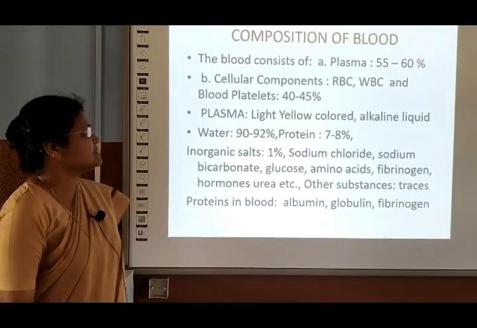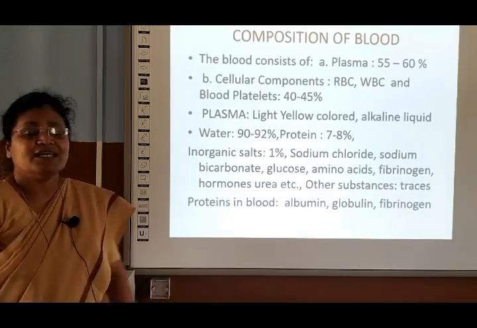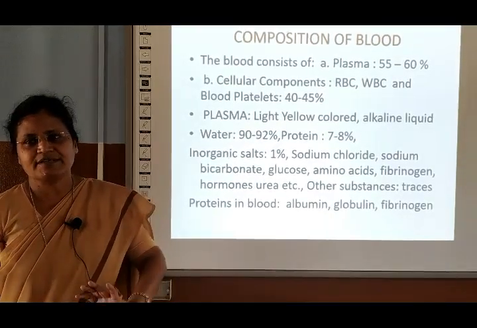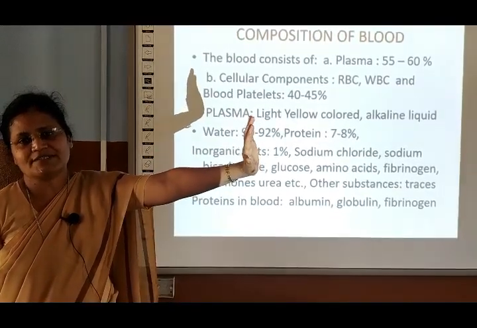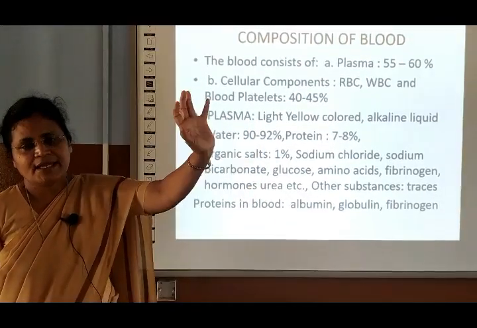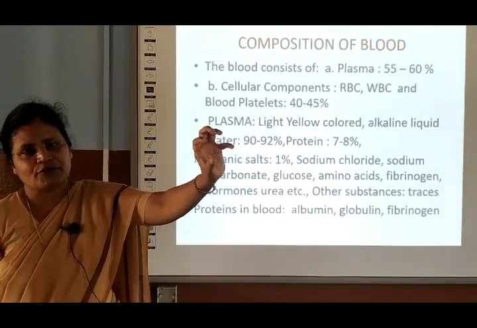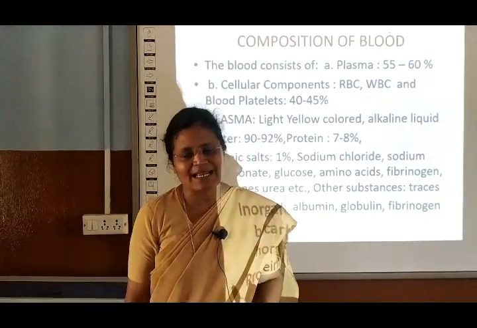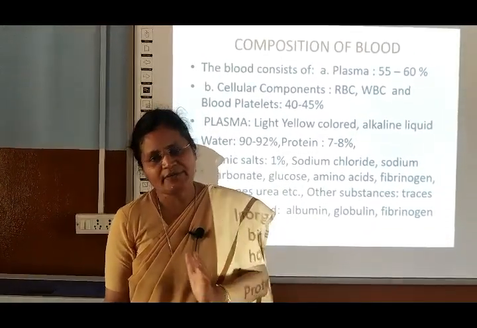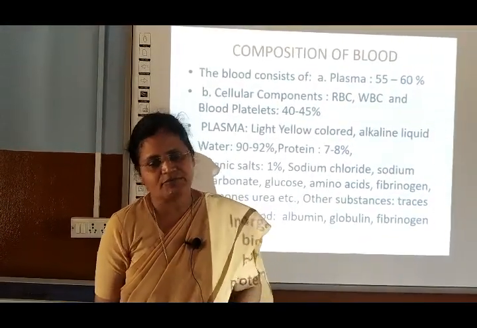Next we go to the composition of blood. It's very important. So far, what did we see? We saw the importance of the circulatory system or the blood. Why do we need a transport system? Why do we need blood in our body? What are the functions of blood in our body?